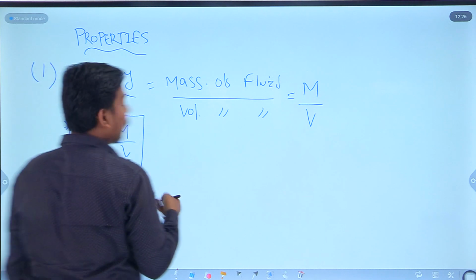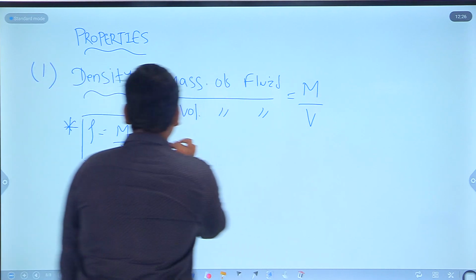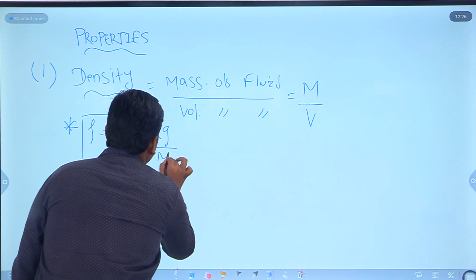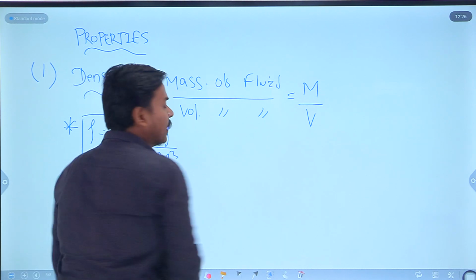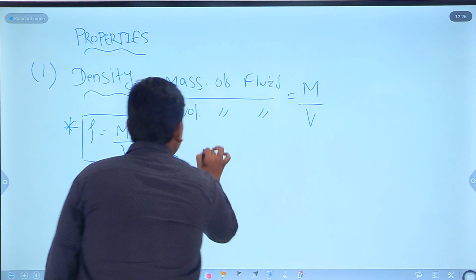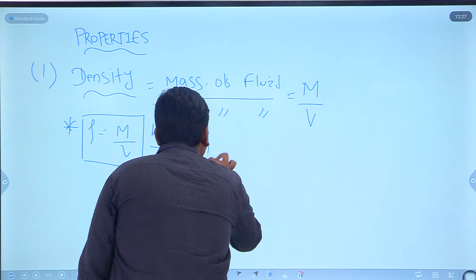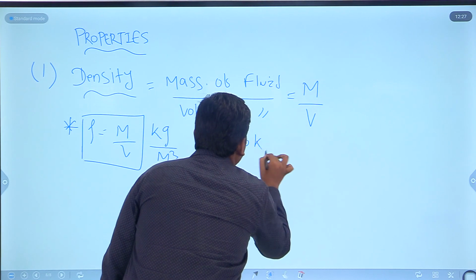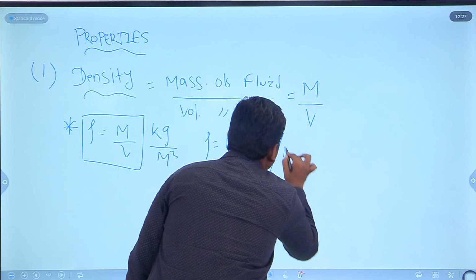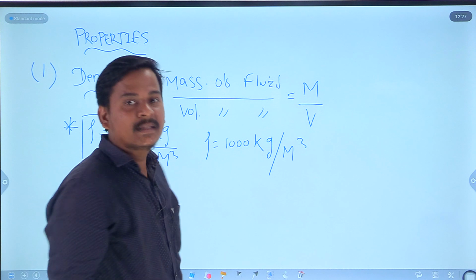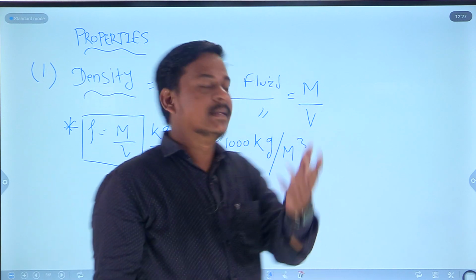Its unit is kg per meter cube, as mass unit is kg and volume unit is meter cube. For water, rho is equal to 1000 kg per meter cube. Generally, we consider it.